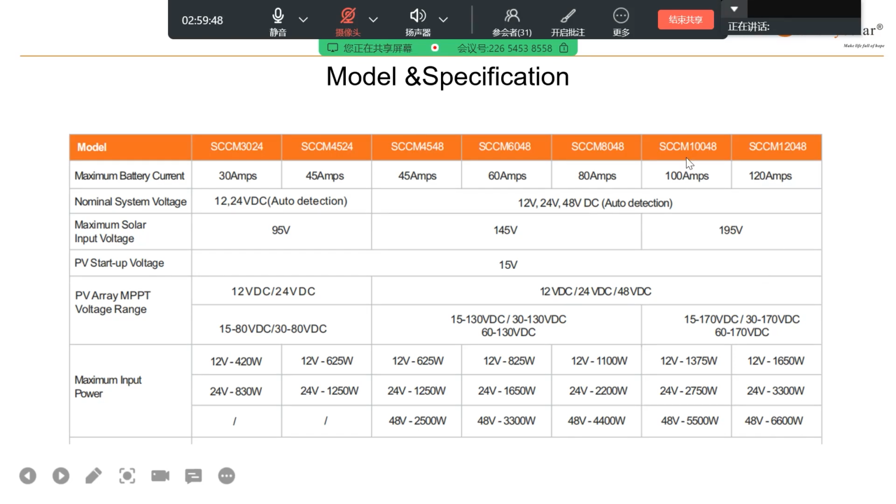For example, this one is SCCM 80 amps, 48 volts. But it's not only for 48 volt batteries. It can also charge 24 and 12 volt battery groups. This can adapt to different battery groups, 12, 24, or 48.